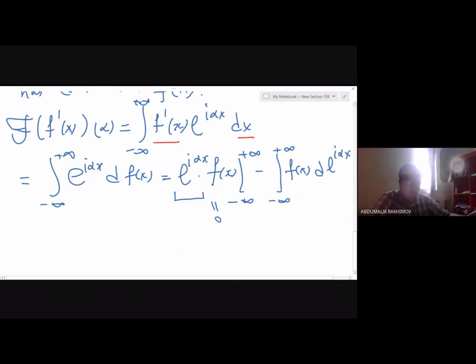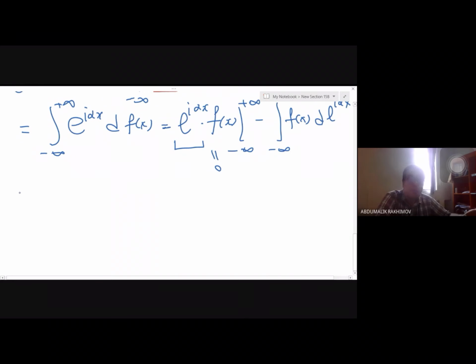Because we have a product, the second function is decreasing, going to 0. Right? It's vanishing, 0. Now the result will be equal to just minus the integral from minus infinity to plus infinity of f(x) times the differential of exponential iota alpha x. Now I will differentiate this exponential.